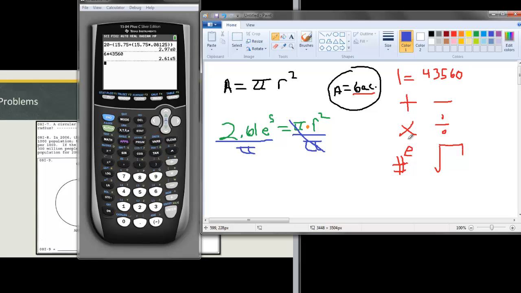It's 7. What's 1 times a million? It's going to be a million. So if I have a 1 here, 1 times r is going to be r. So we don't need this 1. Okay? So what we have here now is 2.61, and I'm going to erase this already because it no longer exists because we canceled it out.